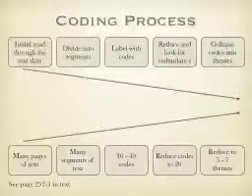Notice that there are two parallel lines, parallel categories. At the top, the initial reading through the text, dividing the text into segments, labeling it with codes, reducing those codes and looking for duplication of codes, or what's called redundancy, and then collapsing the codes into themes.